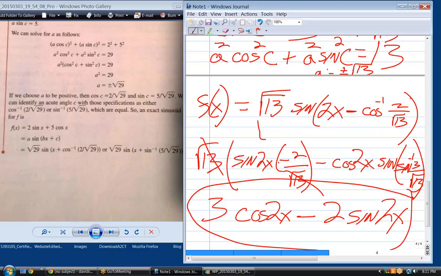So this is the answer. Or I could even make that read inverse sine of 3 over root 13. So there are 2 answers, but this is certainly one of them, just like they gave two answers, and replace the inverse cosine with inverse sine.